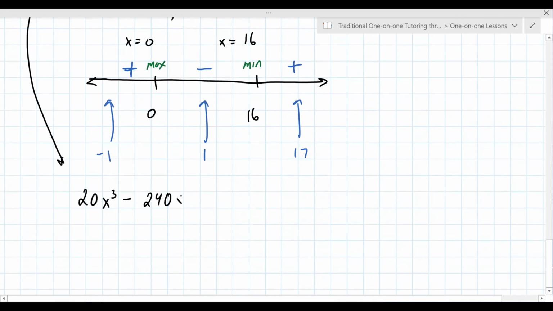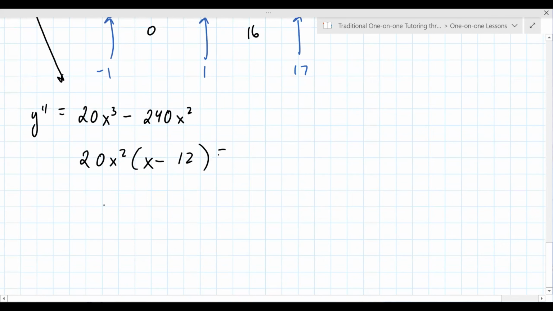And GCF that. So you get 20x squared goes into both, x minus 12. So you set them each equal to 0. So you get 20x squared equals 0. So it should be 12. Yes. All right. And x equals 0.